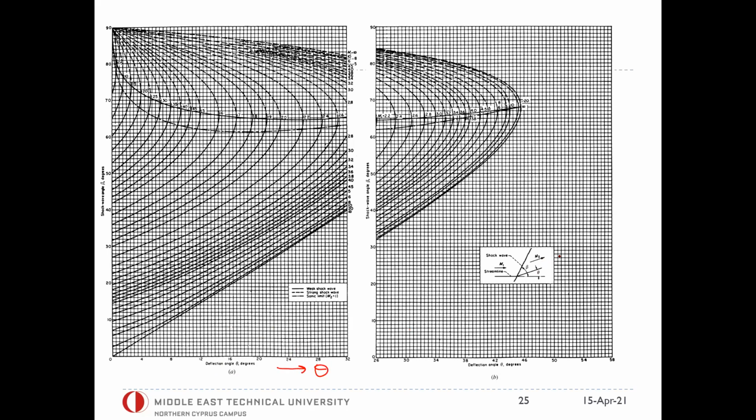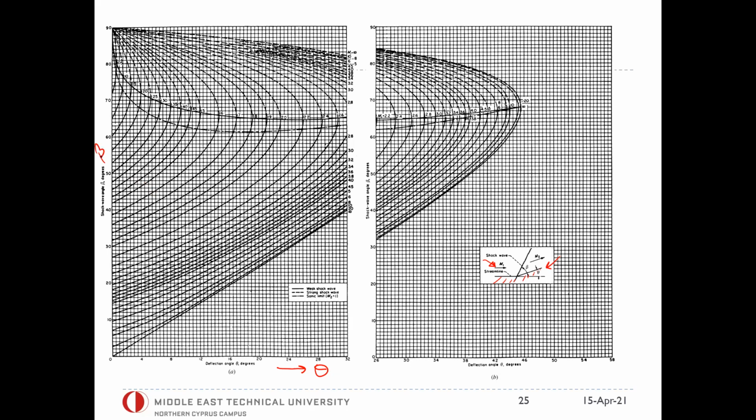This is a solid surface here, and the theta angle is a deflection of the solid surface into an incoming supersonic flow stream. Let's say this M1 is supersonic. And the y-axis is the shock wave angle, so this is really beta that we are after.